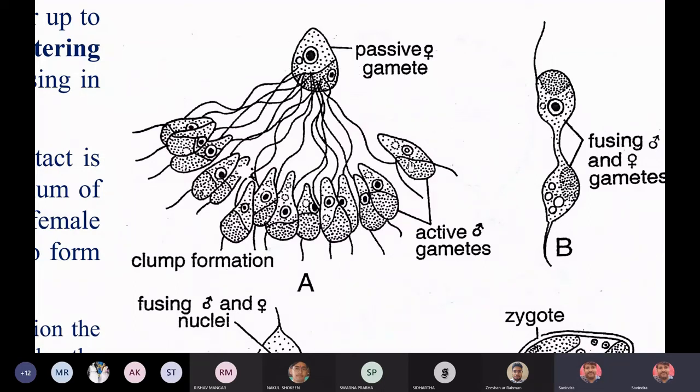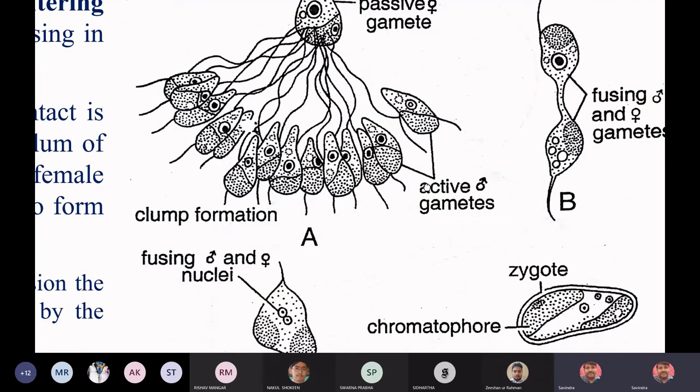Okay, and like sperm and egg का जो fusion होता है, only one sperm will get fused with the egg cell. Same way only one of these male gametes will be successful to fuse itself with the female gamete, and once they get fused it will become zygote.